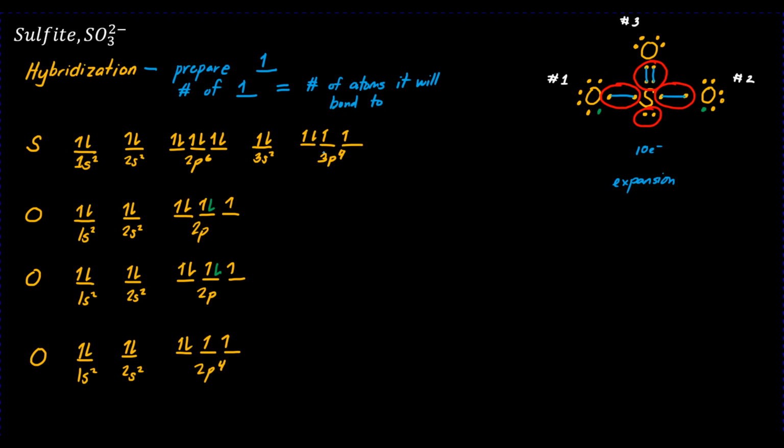And sulfur, having access to the third energy level, can basically use the vacant d orbitals. In order to prepare 3 half-filled orbitals, this extra electron will move here.